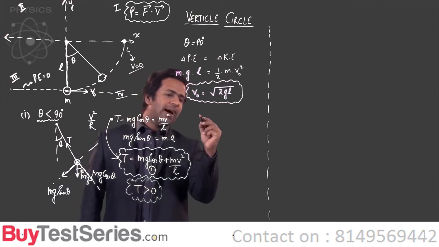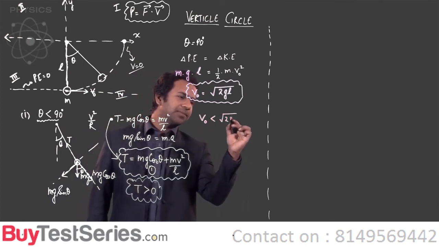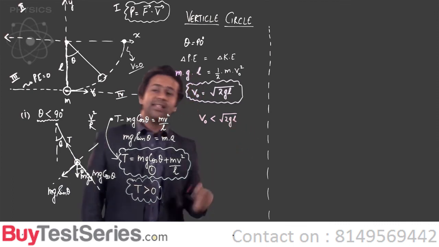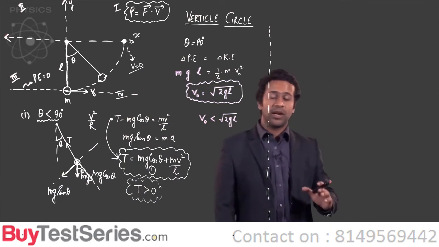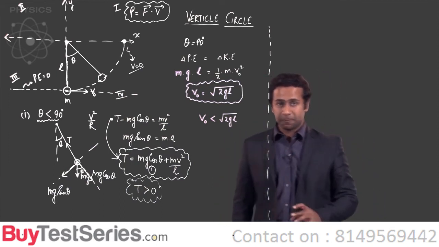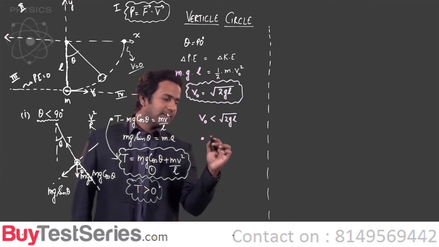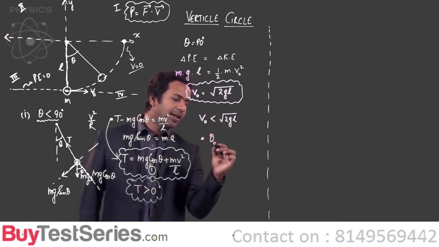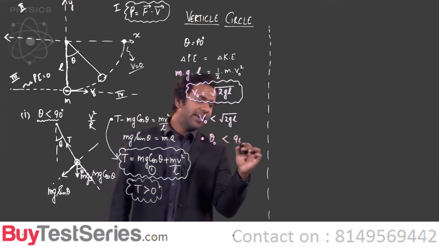So for all values of v naught less than root 2gL, we can say that the oscillation will be such that the angular displacement will be less than 90 degrees. So let's write it down that theta naught, the maximum displacement, will be less than 90 degrees.